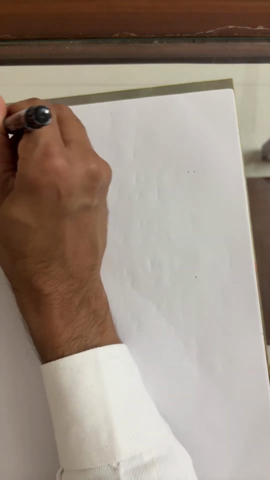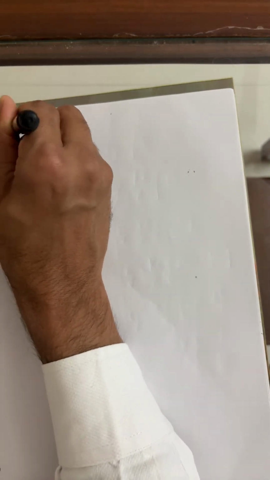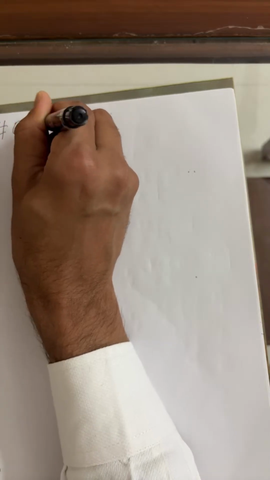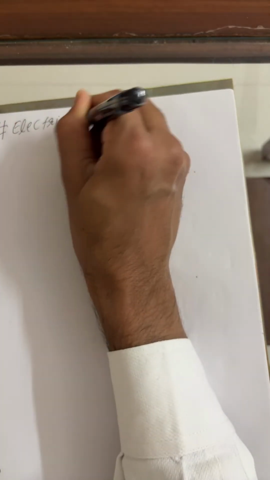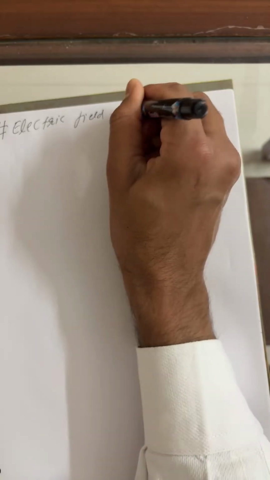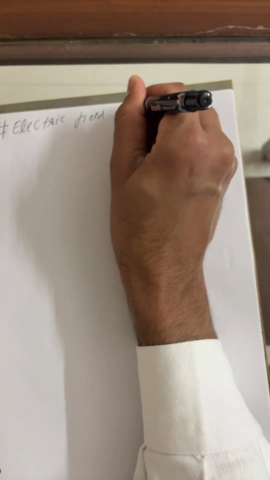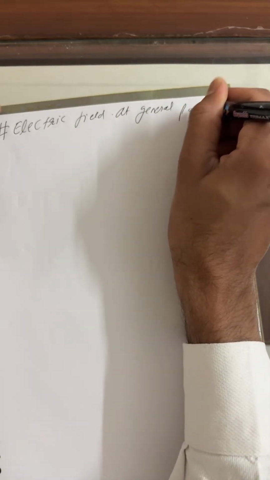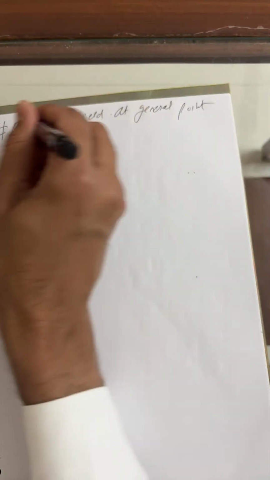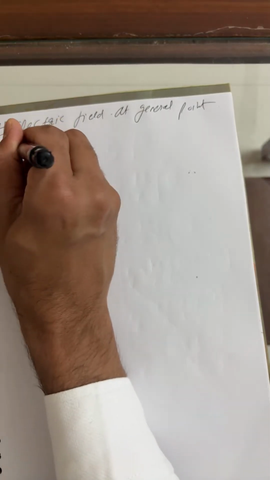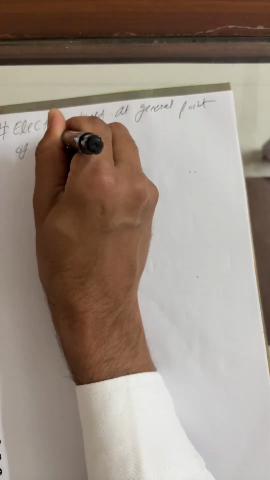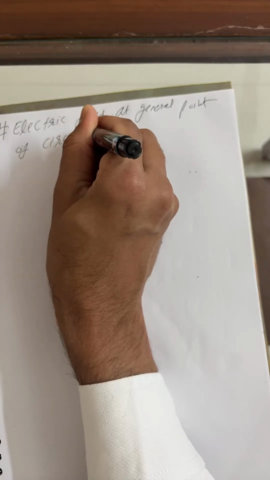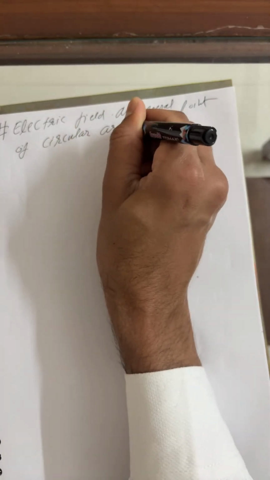So I'm calling this the last point for electric field: the electric field at a general point of a circular arc.